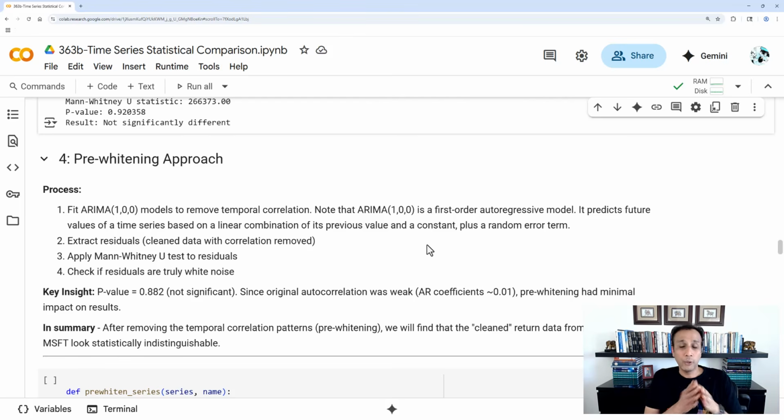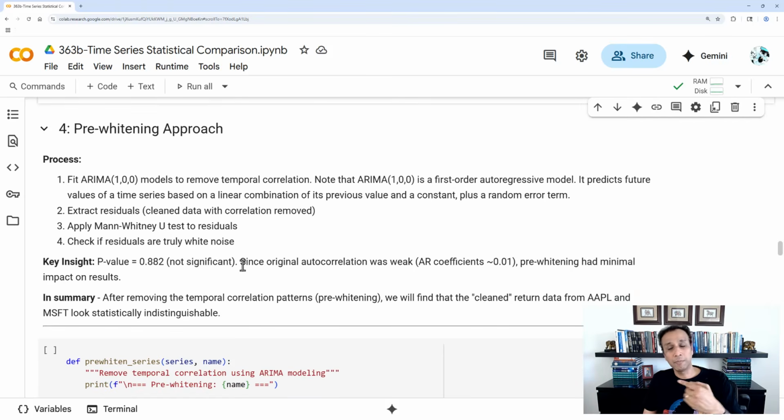So my today's value equals the previous value multiplied by something plus a constant term. Once you fit that, you subtract that and extract the residuals. And now apply the Mann-Whitney U test on the residuals, and if that U test proves or disproves your null hypothesis, then you can make some sort of a judgment about the data.